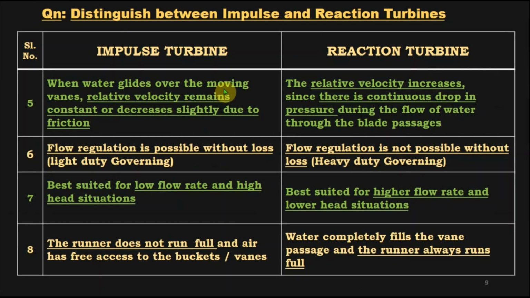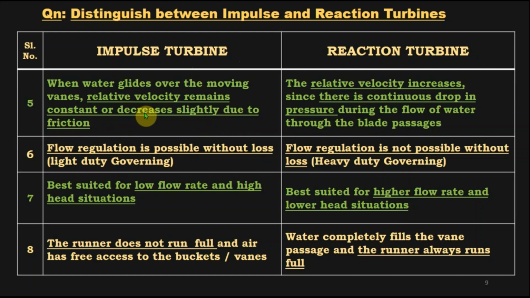When water glides over the moving vanes in an impulse turbine, the relative velocity remains constant, as we have already discussed. That is, in the case of a pure impulse turbine, ideally the relative velocity remains constant at inlet and outlet of the vane, but it decreases slightly due to blade friction.